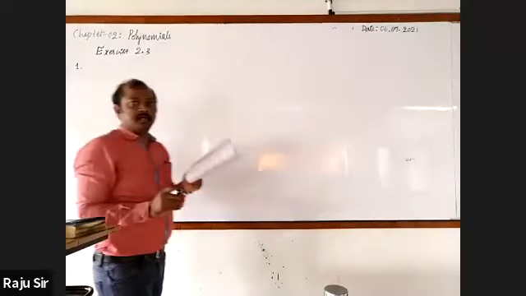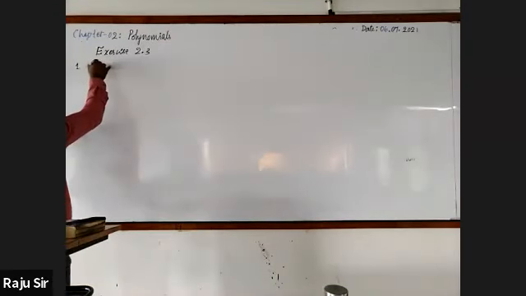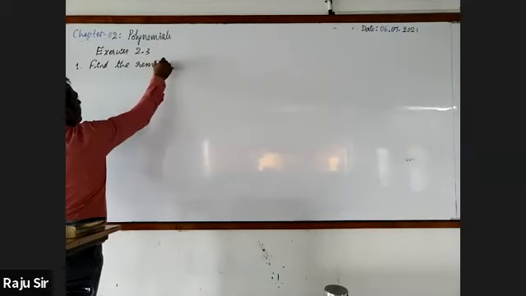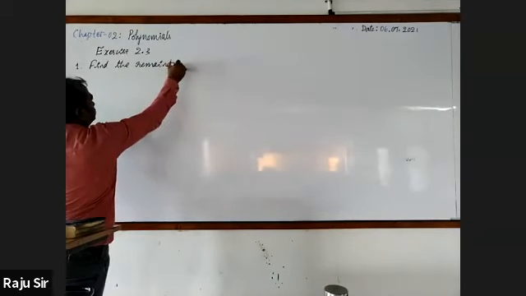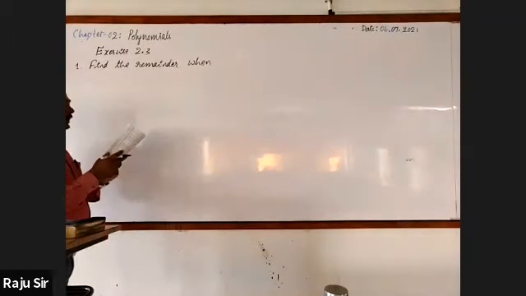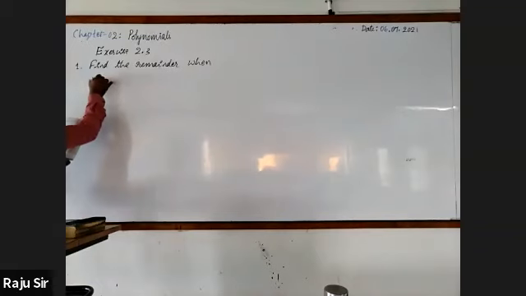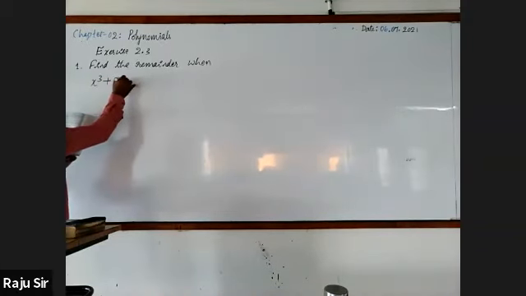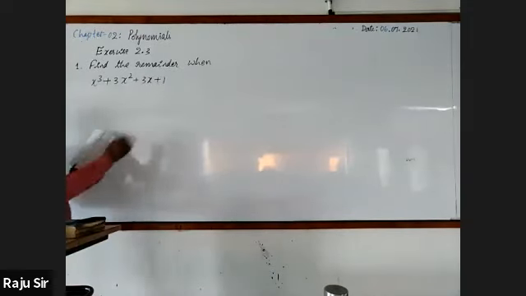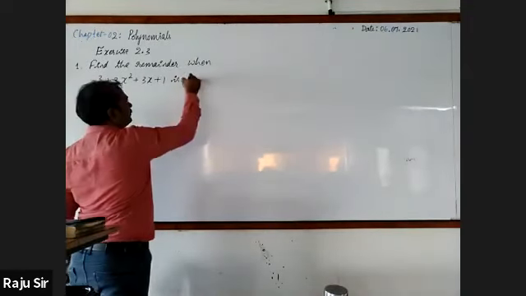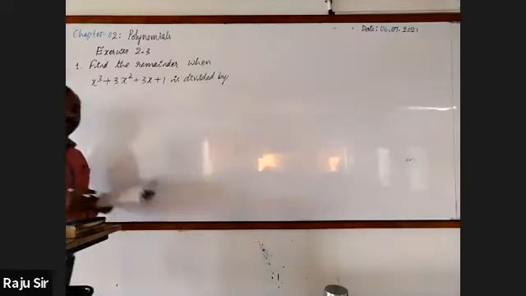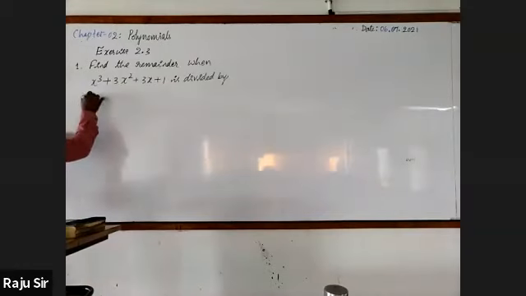Find the remainder when the polynomial x cube plus 3x square plus 3x plus 1 is divided by the following.